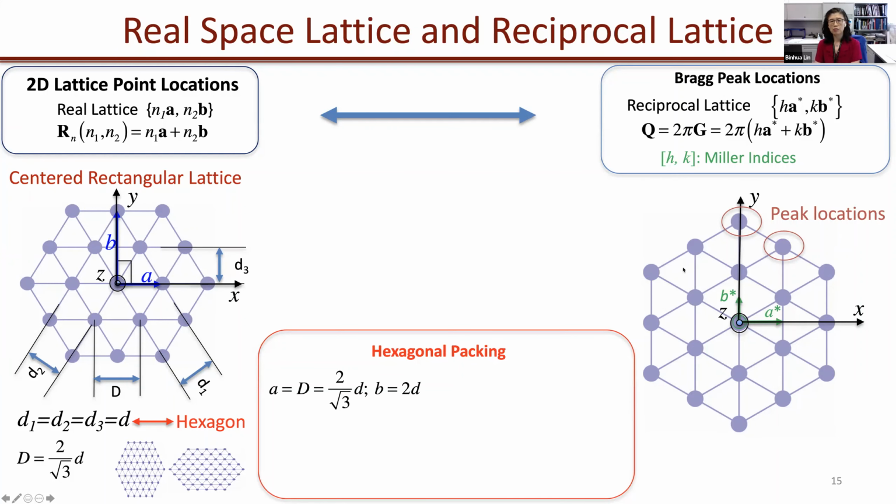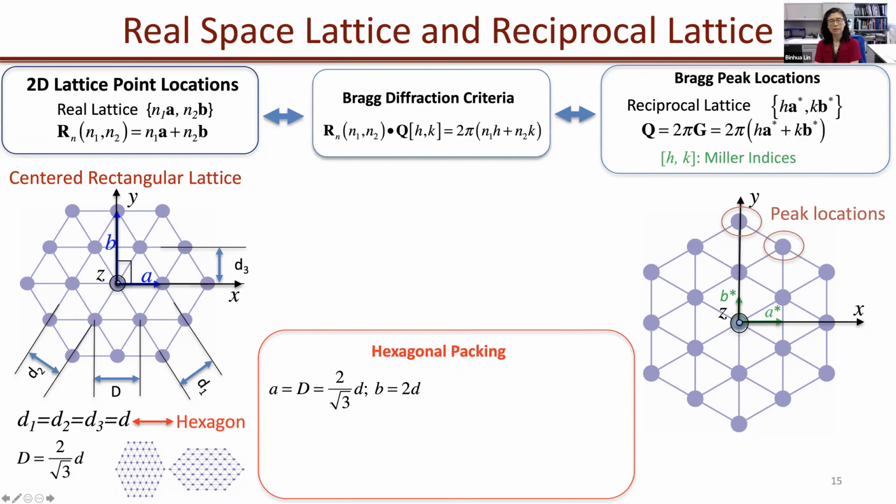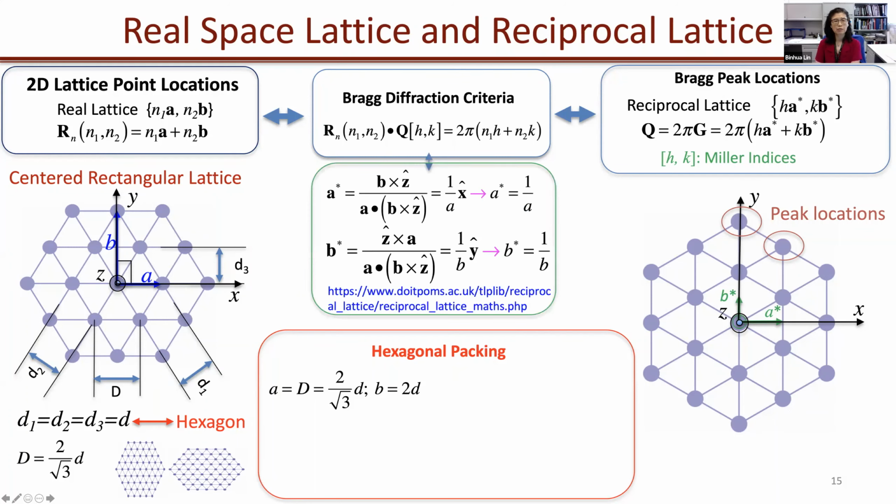So moving on to the reciprocal lattice now. We have the Bragg diffraction criterion to connect those 2 spaces. This is just Bragg's law. Using this without proof, but you can find more details on the website, you have this very simple relationship between the unit vectors in reciprocal space and the unit vectors in real space.